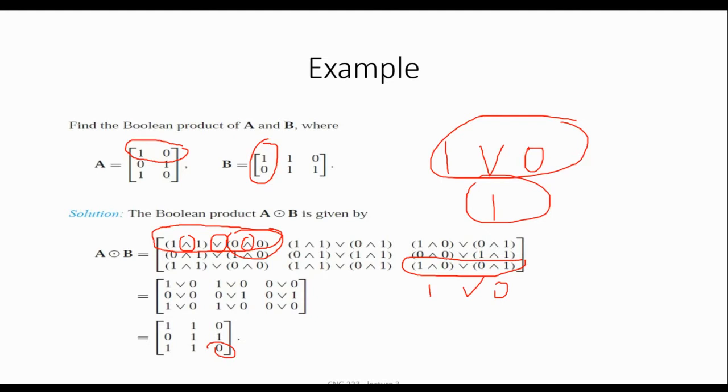Both of them should be 1 in order to receive 1. So it should be 0. This one also 0. So the disjunction of both of them together is 0. So be careful. Both of them should be 1 in order to receive 1. And we already talked about these things in chapter 1 anyway.